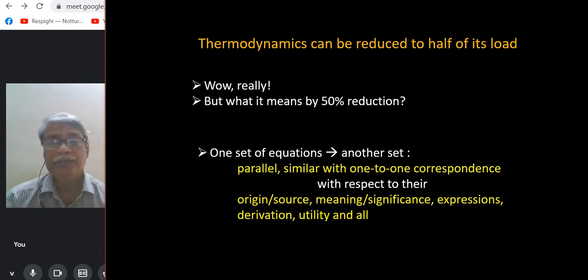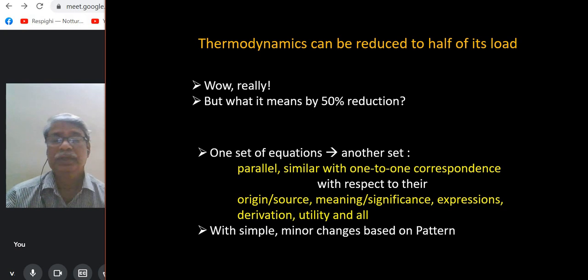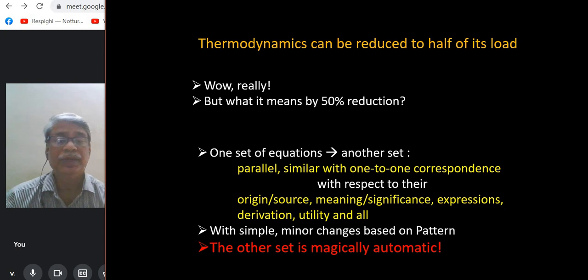So they are very parallel, and if you get such a set with a simple minor change based on some pattern that you discover, then it is equivalent to saying that the other set of equations is magically automatic. So what I claim is that if you can understand 50% of thermodynamics, the remaining 50% is magically automatic.